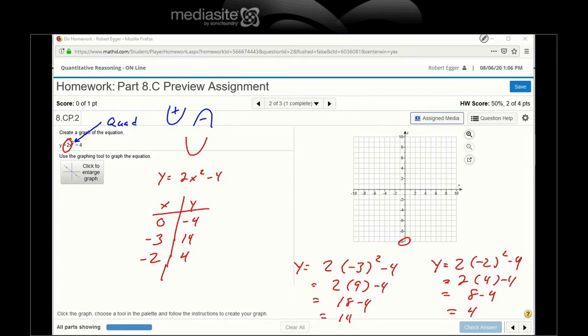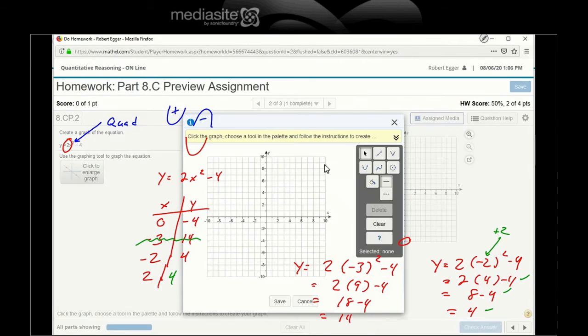And for symmetry, let's use plus 2. Now, minus 2 and plus 2, when I square a positive it's still positive, so it's going to look the same. There's my 3 points: 0, -4; -2, 4; and 2, 4.